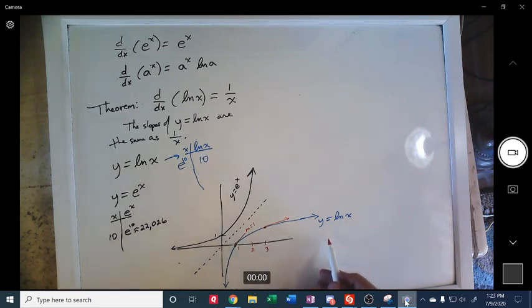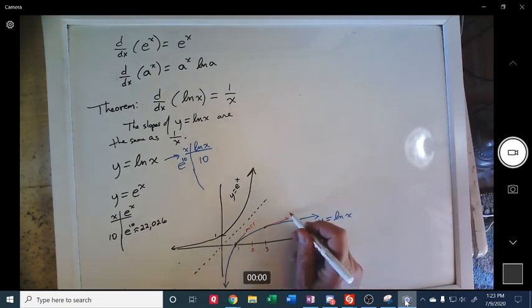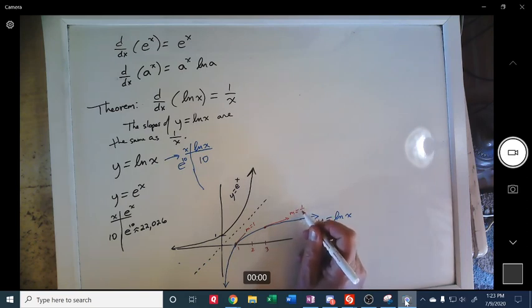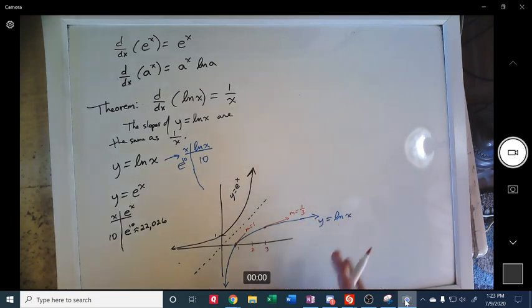But the more you go to the right, the less steep the slope is. So if you go all the way to 10, you're going to go up 1/10. And so on.